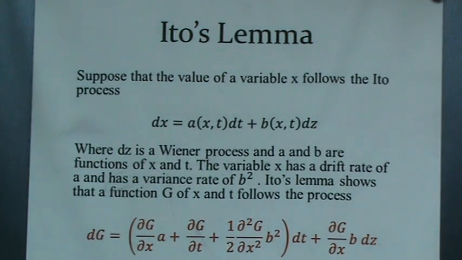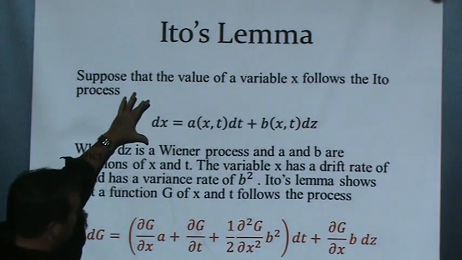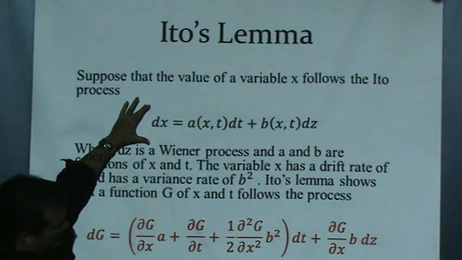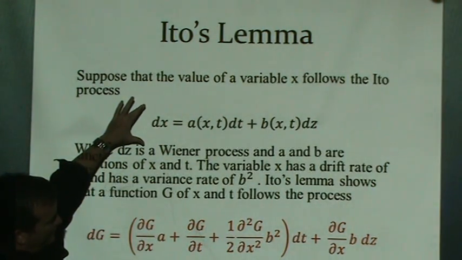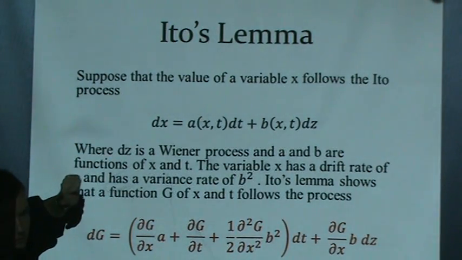What might also be interesting is if we decided we're going to model stock with a formula like this, and then decided to come up with a derivative for a call option.